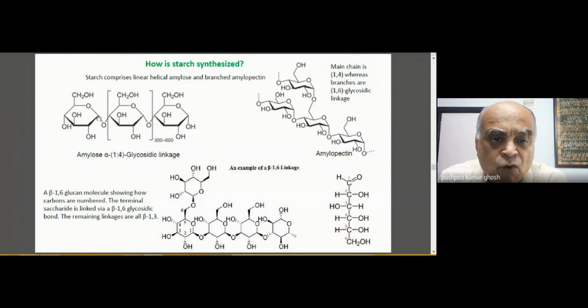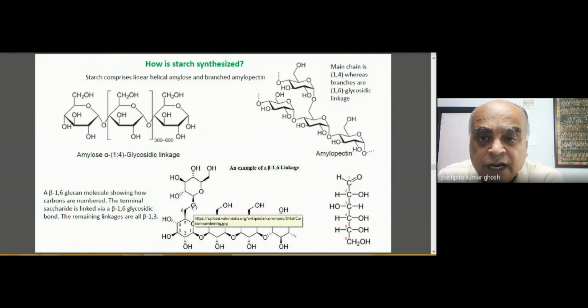This 1,4 glycoside molecule is known as amylose. Otherwise, it's pretty much the same as this, except that it is connected as a 1,4. Now, the 1,6 part is the same as here, like we showed over here.